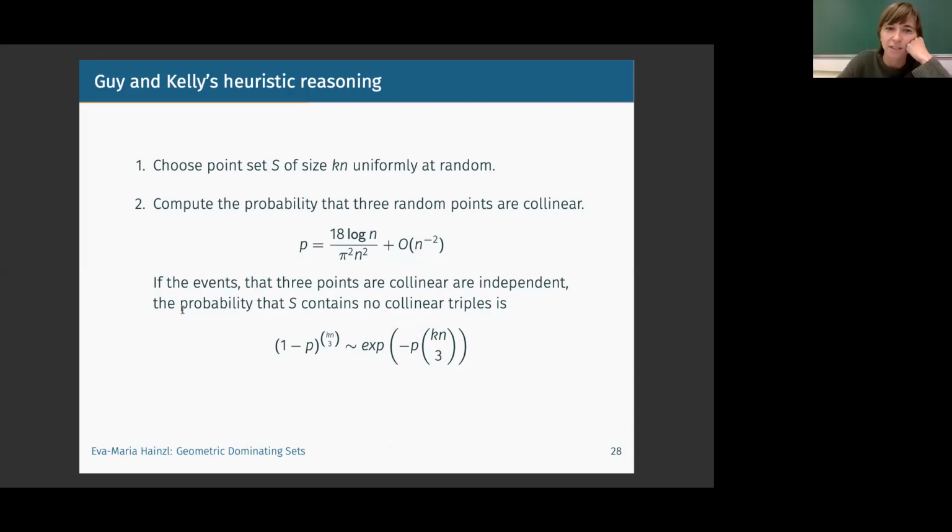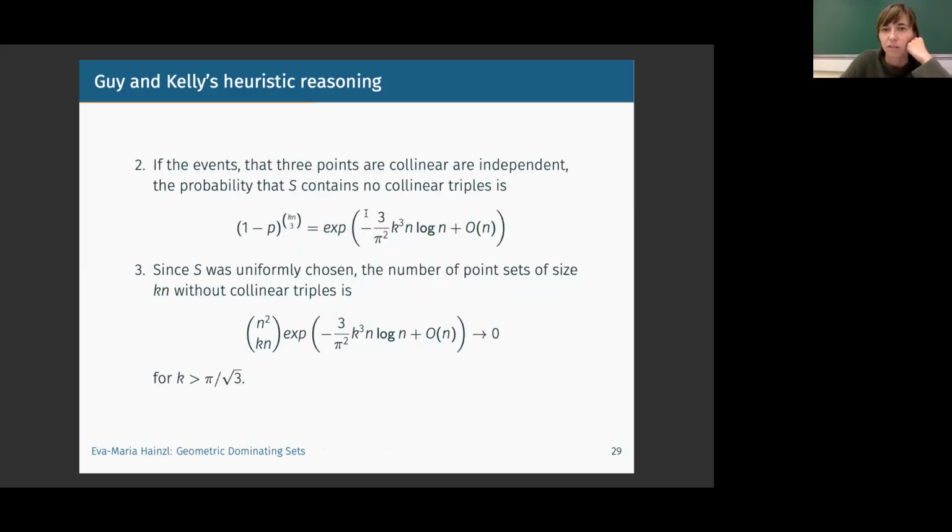So in this case, S containing no collinear triples would have probability that 3 points are not collinear to the power of the number of triples in the set of size kn. And asymptotically, we can write this as e to the minus p times kn choose 3.